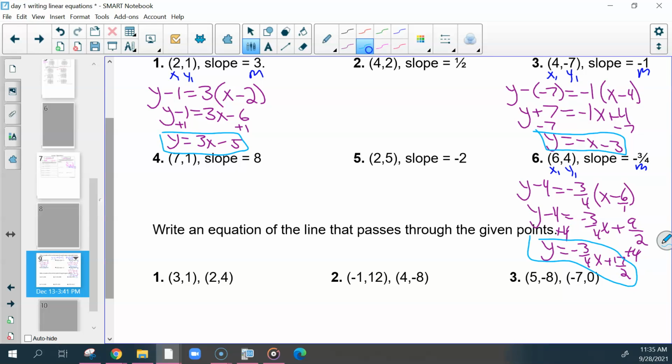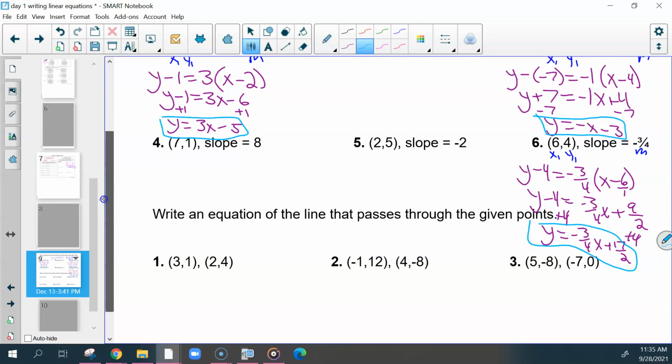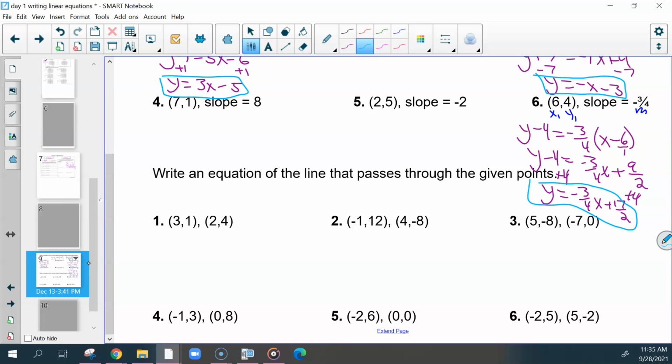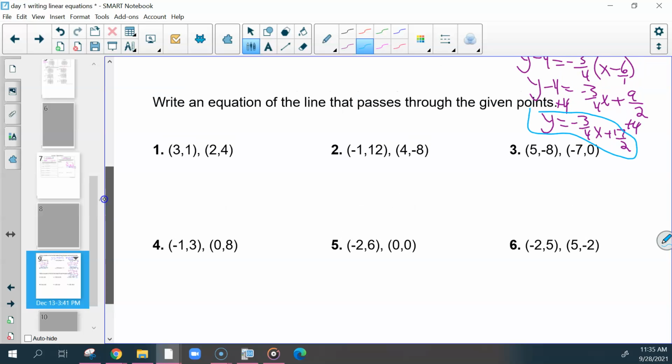So that formula works anytime we're given a point and a slope. But in the bottom section, we are given 2 points and not the slope. We can use those 2 points to find the slope and then go from there. Starting at number 1, I would need to find the slope first.